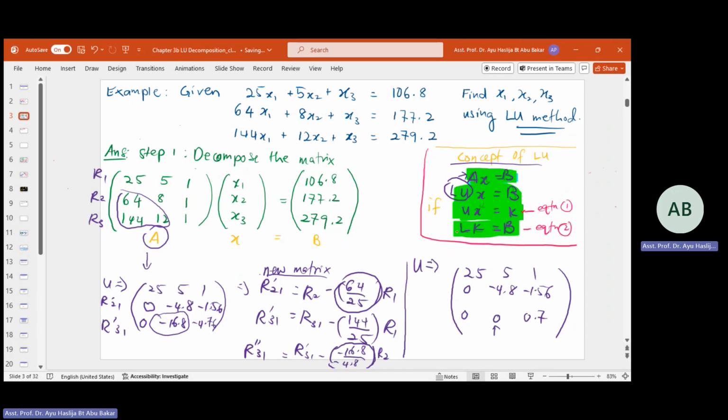From the matrix, in equation 2, L is known, B is known.